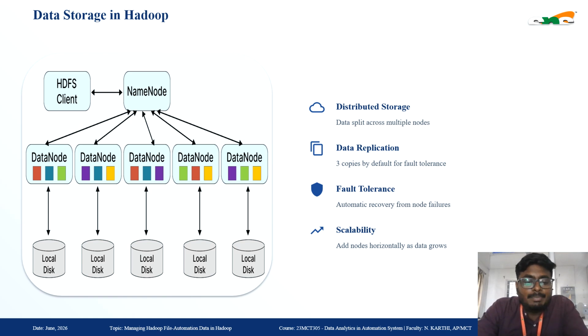This is called replication. So even if two nodes crash simultaneously, your data is still intact. This is what gives Hadoop its fault tolerance. And when your data volume grows, you simply add more nodes horizontally. No need to upgrade expensive hardware. This is horizontal scalability in action.